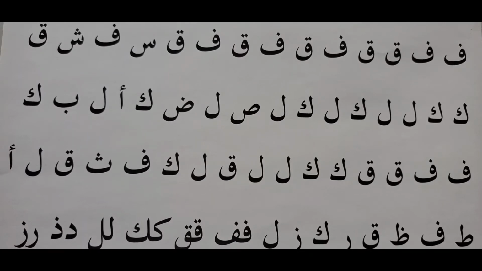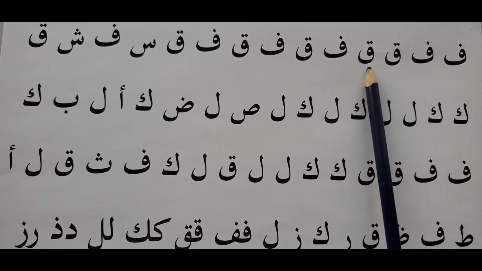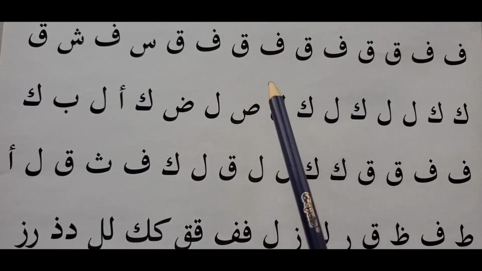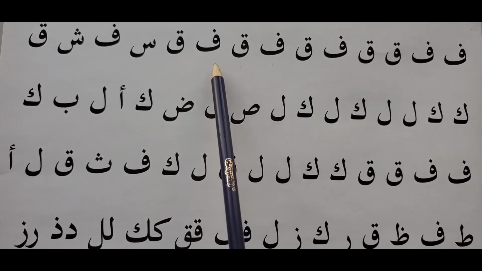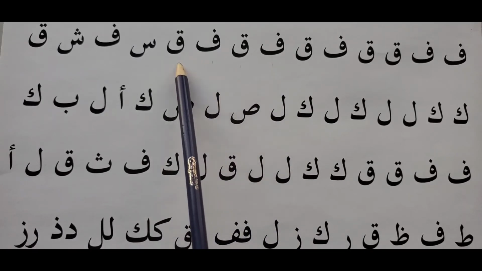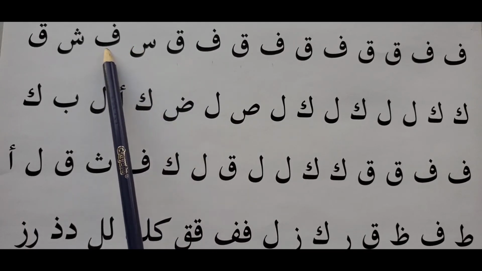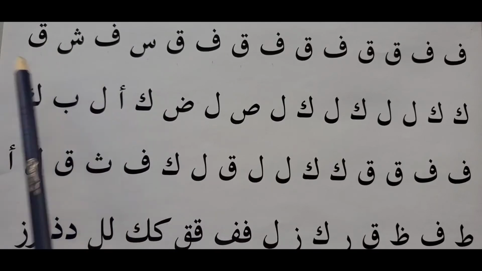Now let's go through it one more time. We have fa, qaf, qaf, fa, qaf, qaf, fa, qaf, sin, fa, sheen, qaf.